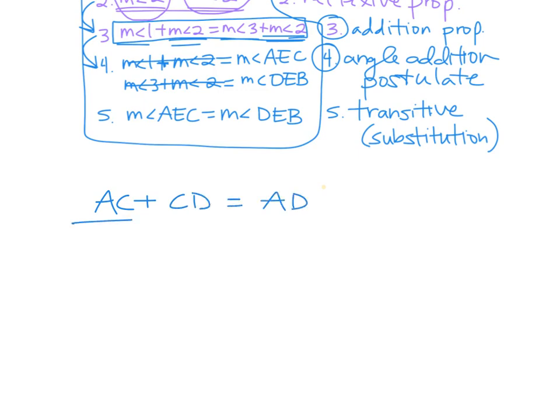That's saying a segment plus a segment equals the whole segment, like this. Here's A, here's C, here's D, right? That would be segment addition postulate as your step. So just pay attention to that, angle addition, segment addition, and then all the postulates and properties that we talked about today, and you should be in good shape. Questions on that?